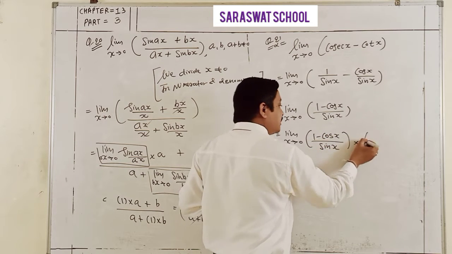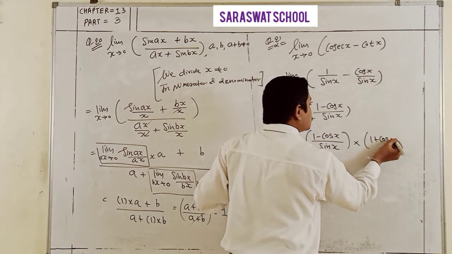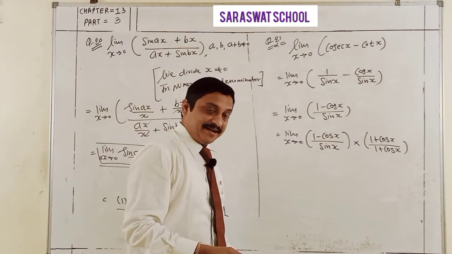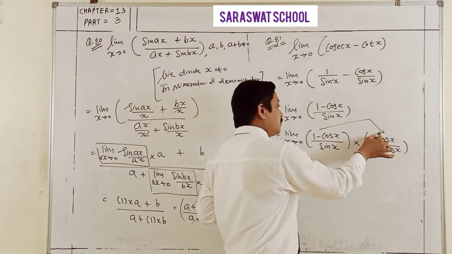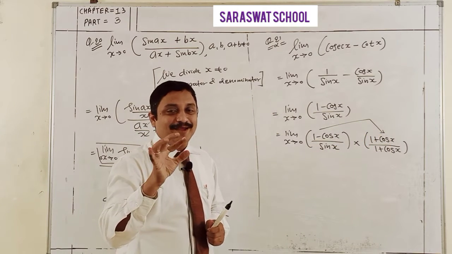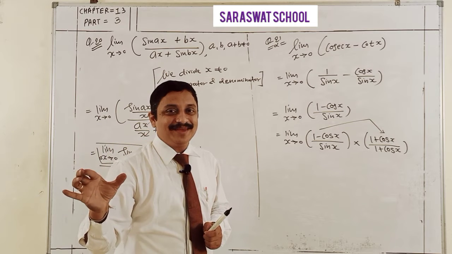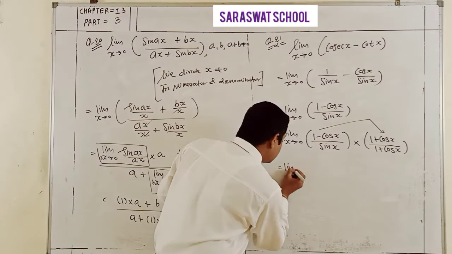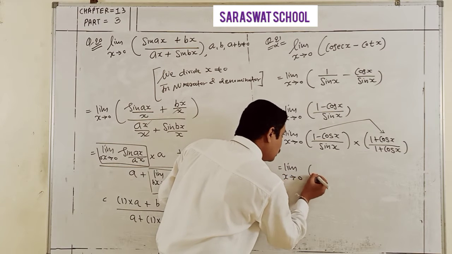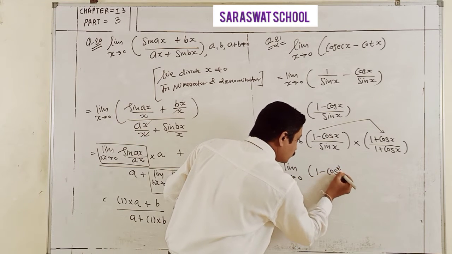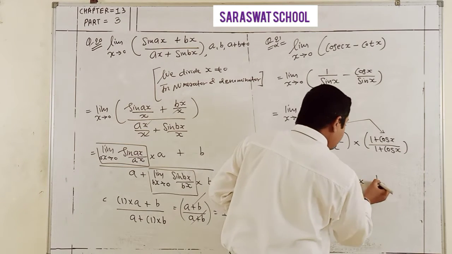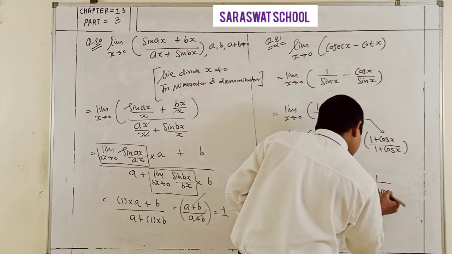My conjugate is 1 plus cos x, 1 plus cos x. And these two are the property of a minus b, a plus b, a square minus b square. So your answer is limit 1 minus cos square x, that should be the same, and here also the same, 1 plus cos x.